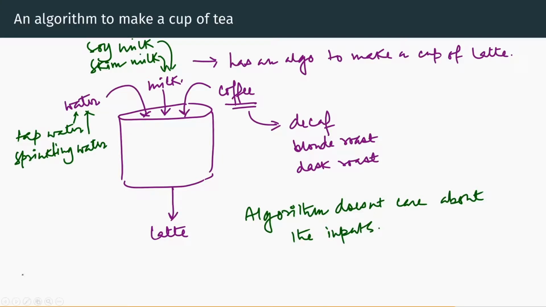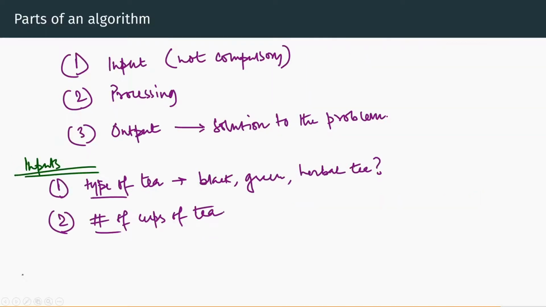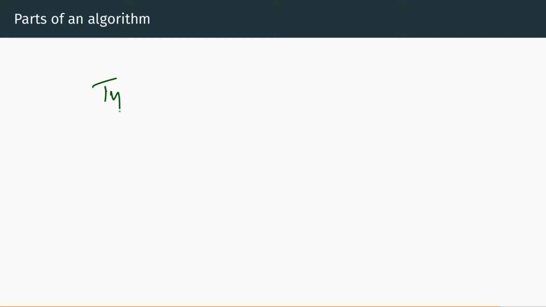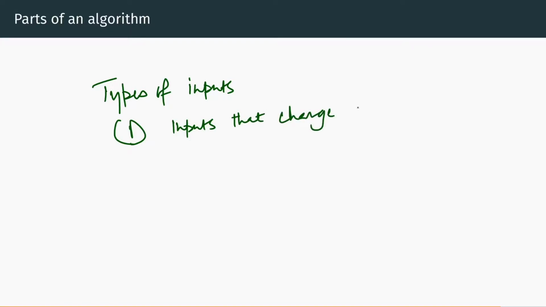Okay, so if I had to summarize the relationship between algorithms and inputs, there are two types of inputs. Number one, inputs that change an algorithm, but the change is a very slight change.